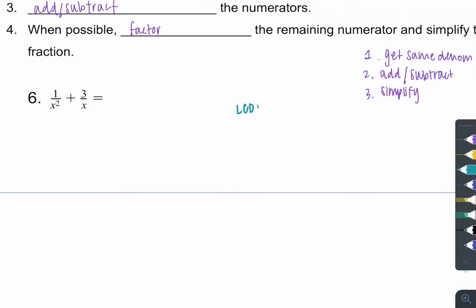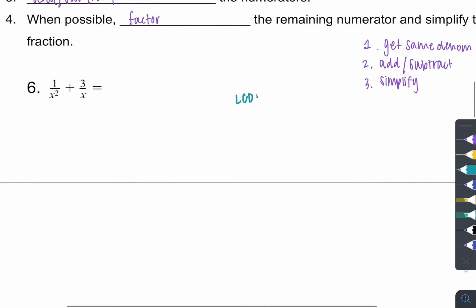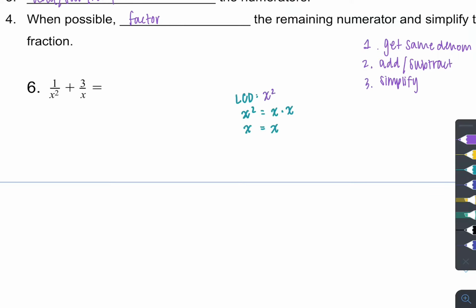So what do both x and x squared multiply to be? And what's that smallest number? So if you think about it, x squared is equal to x times x, and x is equal just to x. And so x squared is the least common denominator.